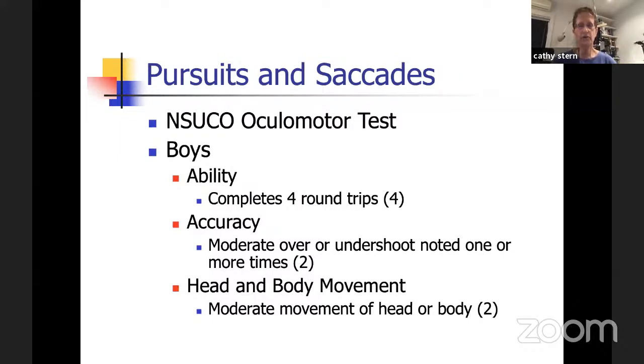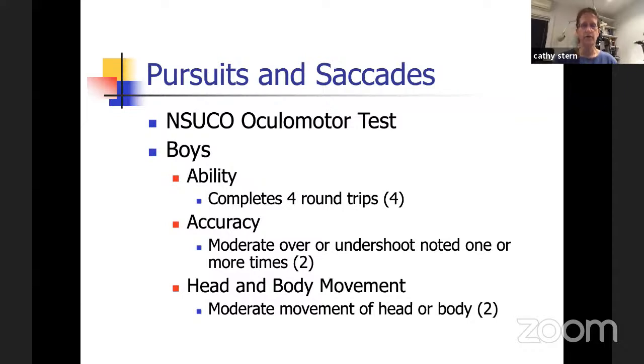And you're just having them look at that one shiny ball and moving it in different positions of gaze for pursuits, or for saccades, you're holding one ball, and I have a gold one and a silver one. And so I hold them each off to the side a little bit and have them look back and forth as quickly as they can.